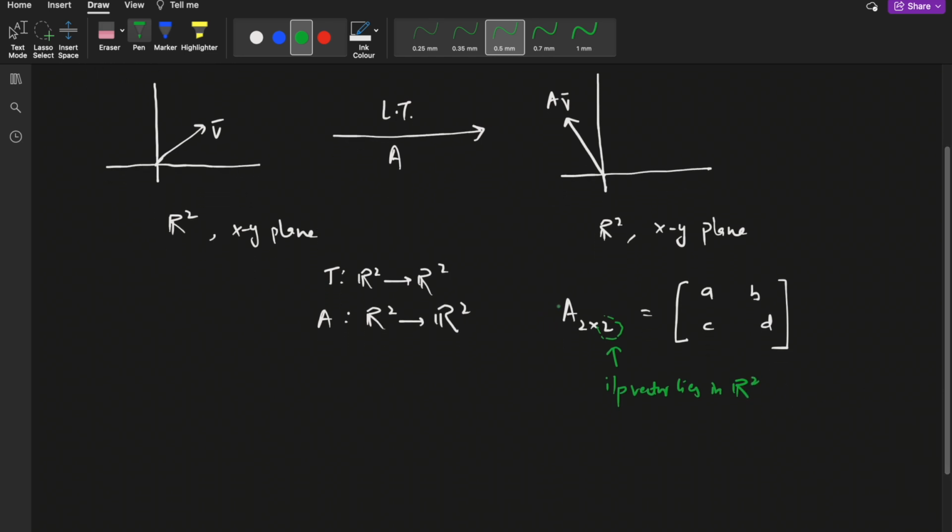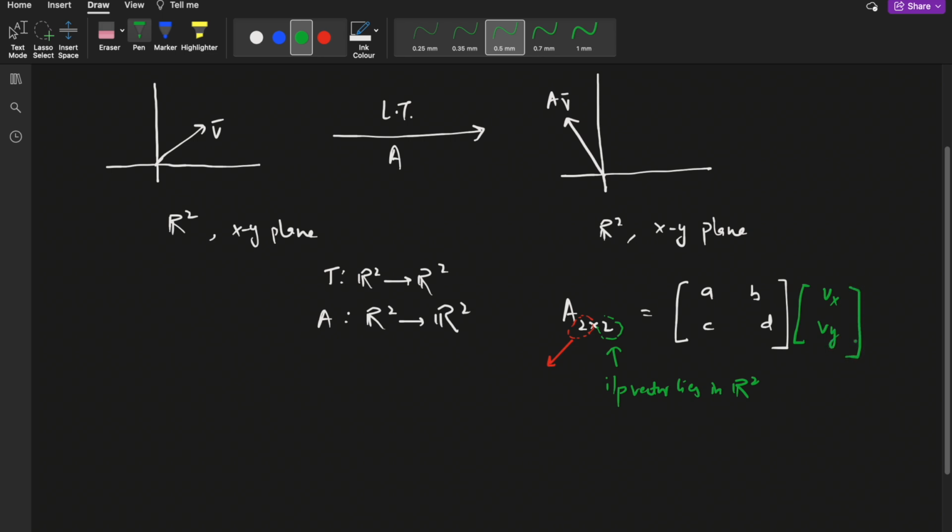Whereas this second 2 is related to the output vector space. So for example, our input vector lies in R2. Let us suppose it is Vx and Vy.